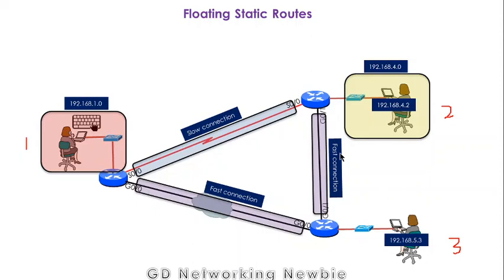Now, for example, this user, which is sitting in subnet 1, wants to send some information to subnet 2. So from this subnet to this subnet, this is our source, and maybe this is our destination. So what happens when this information, which is coming from this user, comes to this router?